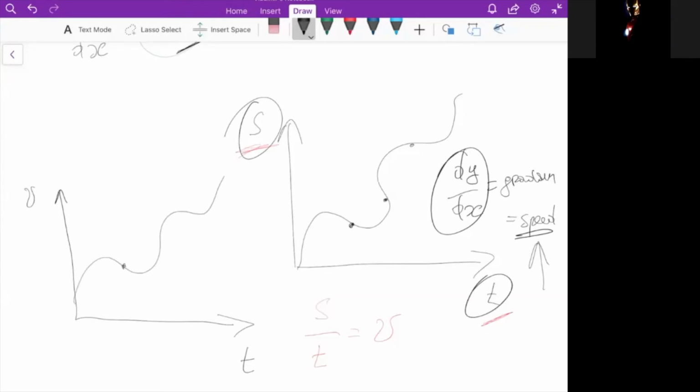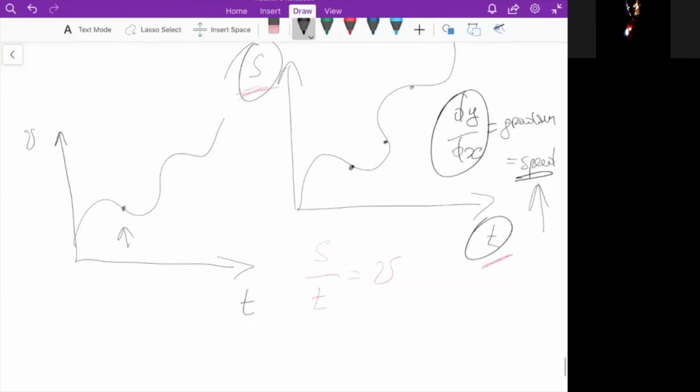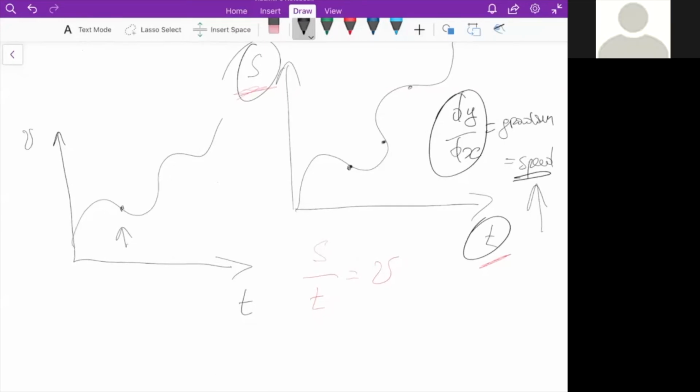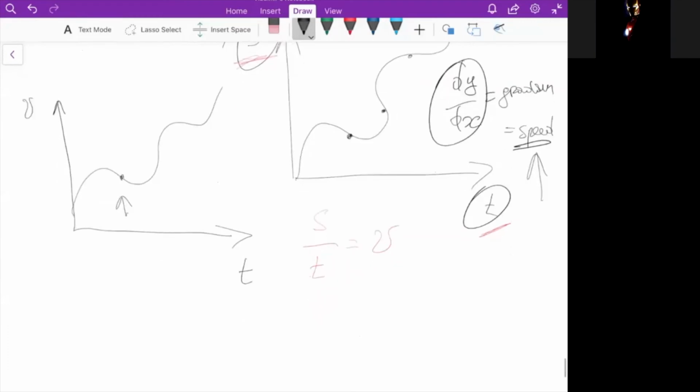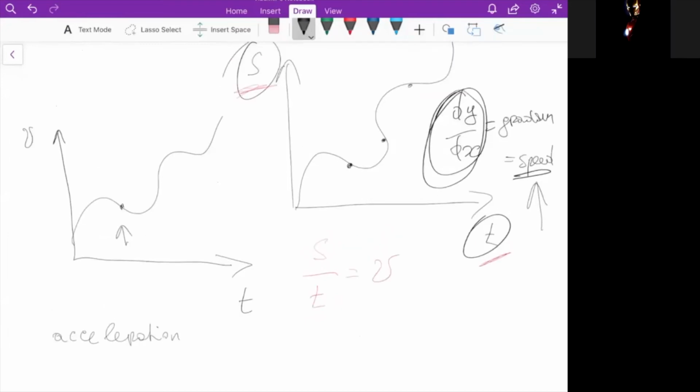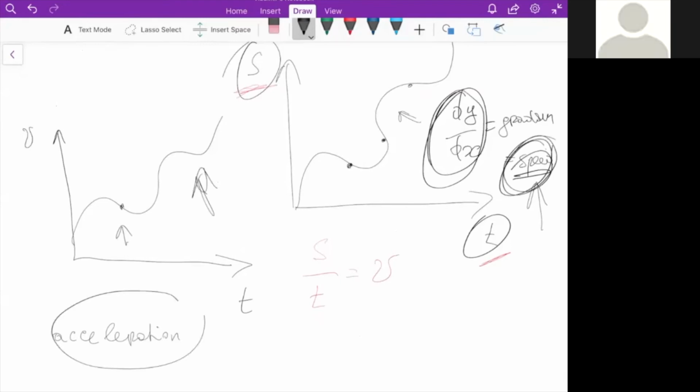If you take the gradient of this line, that would give us the rate of change of speed, how fast speed is changing. That is acceleration. So if you take the first derivative from that graph, you get speed. If you take a second derivative, you get acceleration.